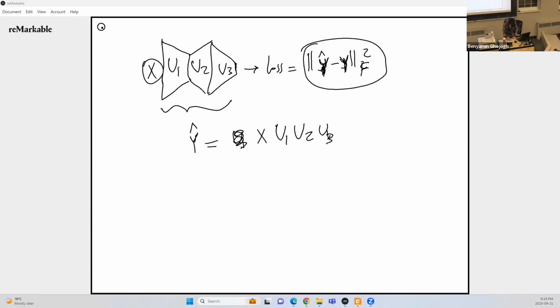If I had nonlinearity between them, it would be like this: F1, U1, F2, U2, and F3, U3, where F1, F2, and F3 are the nonlinear activation functions of the first, second, and third layers, right? But I don't have any nonlinearity. So it's this. Do you agree that I can consider it as a U4?